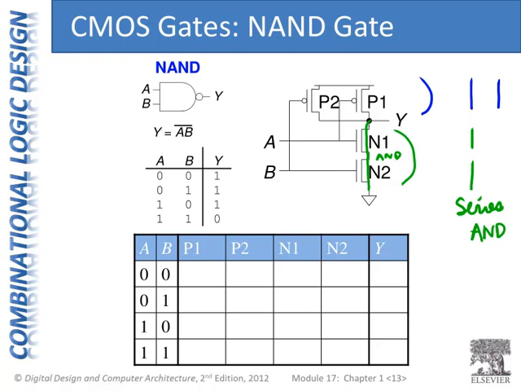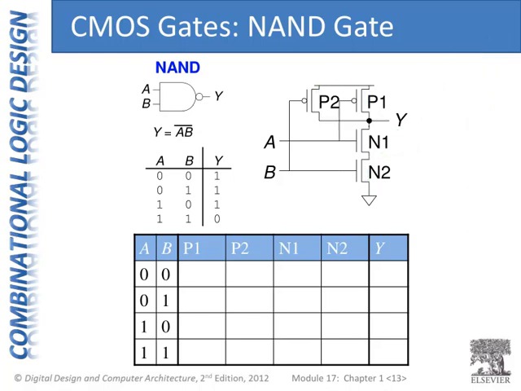However, in parallel, it's an OR relationship where P2 has to be on to get a connection between Y and VDD, or P1 has to be on, or both. But the parallel connection indicates an OR relationship.